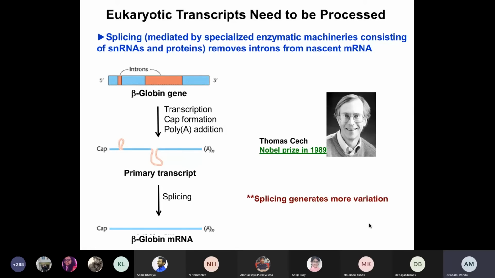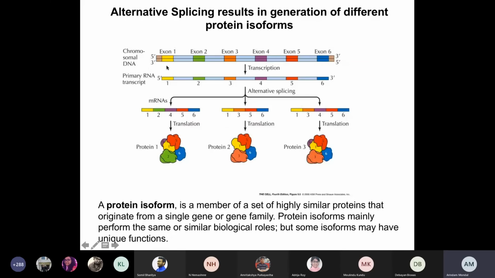How? Say, for example, this is your chromosomal DNA and you have these blue, green, orange, violet, red and dark blue regions which are different exons. So this is one particular gene and these are your exons, whereas the light blue regions are the introns which don't encode for the protein.